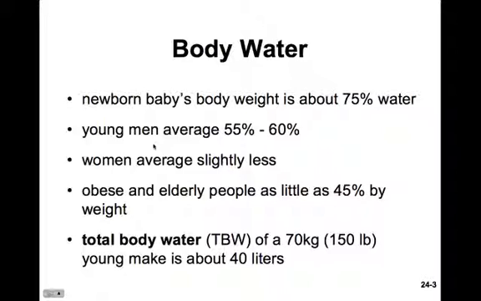And in the elderly or obese, we might see it as little as 45%, because fat naturally doesn't have any water content. Because women carry more fat, they average slightly less than the average male. So TBW, or total body water, of a 150-pound individual is going to be about 40 liters.